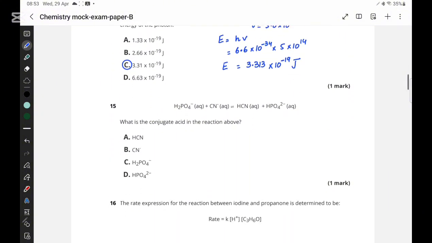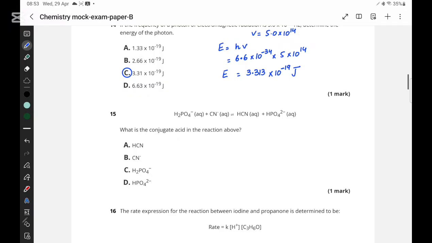For the next question, they are saying what is the conjugate acid in the reaction above. First of all, this is going to be an acid because it donates a proton to this one, and that is going to be a base. When an acid donates a proton, it becomes a conjugate base.